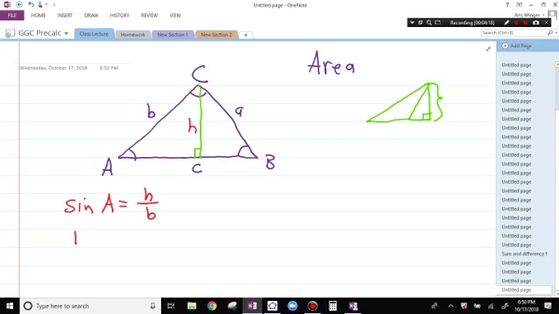The height is equal to B sine A. So then the area of this triangle is equal to half the base times the height. Questions about that?